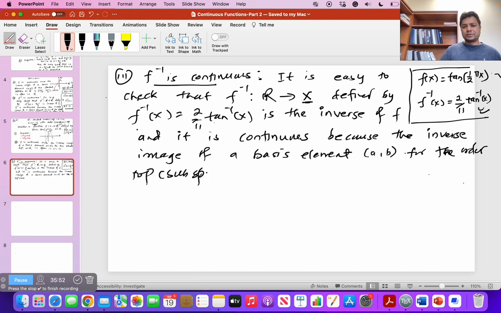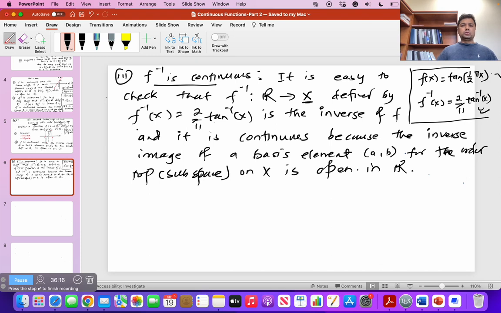In this case, subspace topology and order topology are the same thing. The inverse image of a basis element AB for the order topology on X is the interval from -1 to +1, which is open in R.